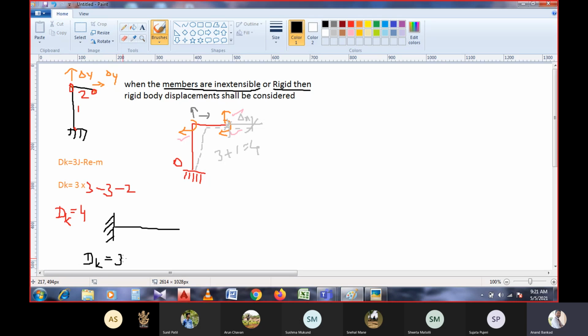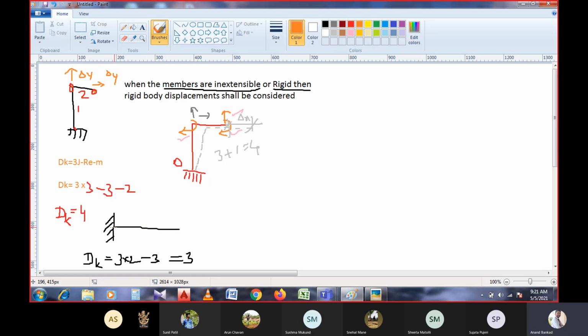So 3 times the joints. How many joints are there? There are 2 joints, right? And the external reactions are 3, so 6 minus 3 will be 3 over here. So what are those 3 degrees of freedom? We have now calculated the value as 3. So where are those 3 degrees of freedom in this frame or in this structure? So let us know that.